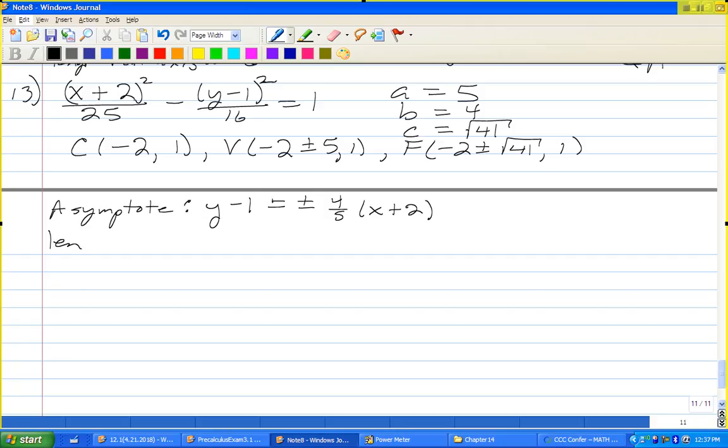And the length of the real axis, oh, 2 times 5 is 10. Okay, so let's do this.